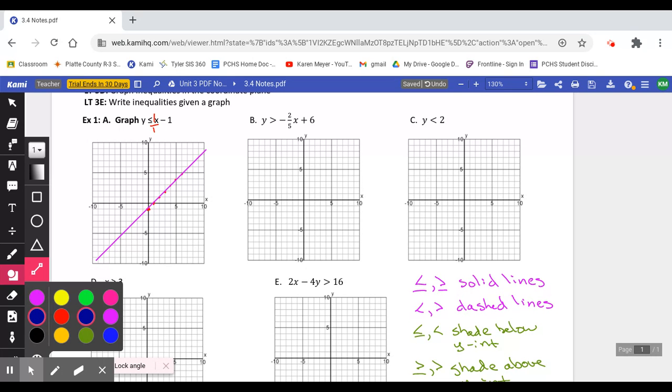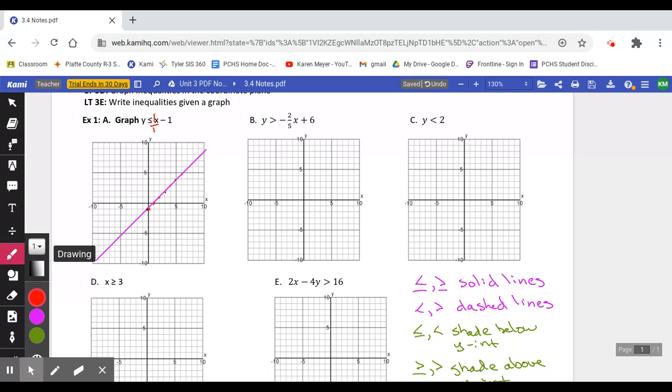So now I put my pencil on the y-intercept. So my y-intercept is right here at -1 in the color green. So I put my pencil on the y-intercept, and my inequality is less. So if it's less, you're going to shade below.